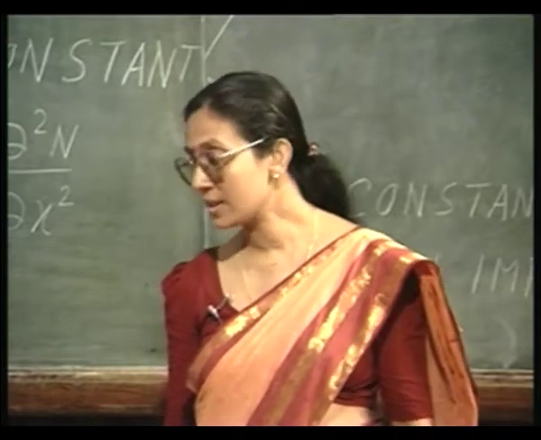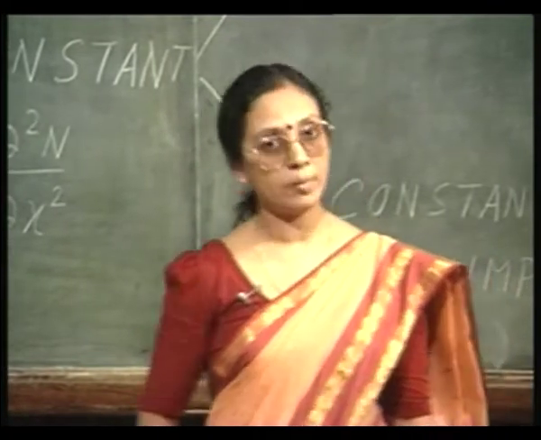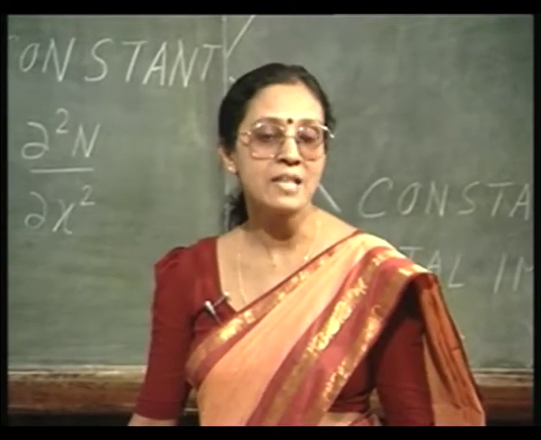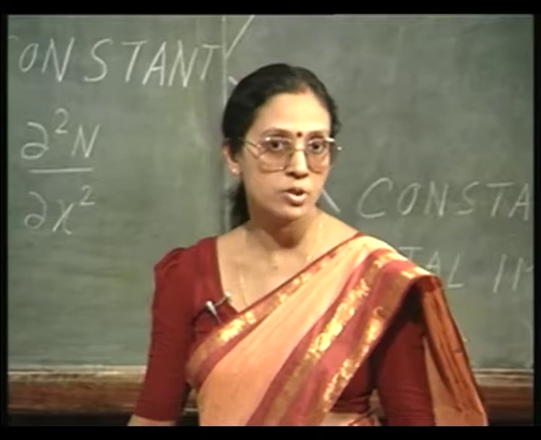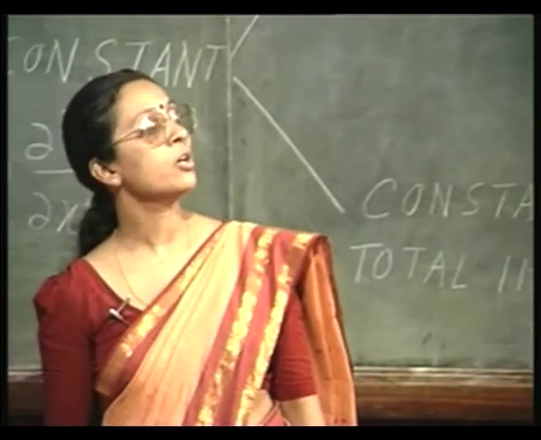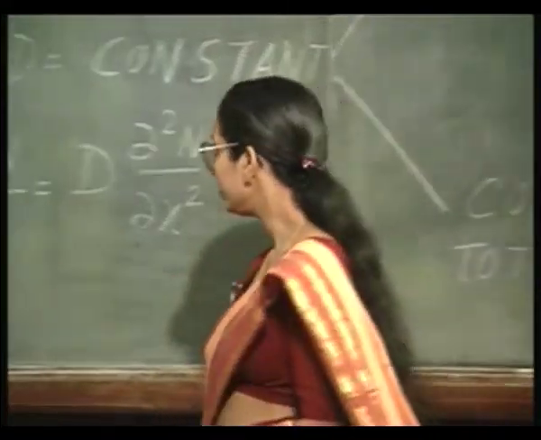So, what is the surface concentration? Well, by definition the surface concentration is nothing but N at x equal to 0, x equal to 0 is the surface. So, we have to solve this equation for x equal to 0.